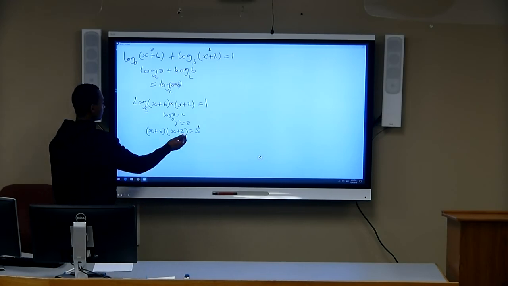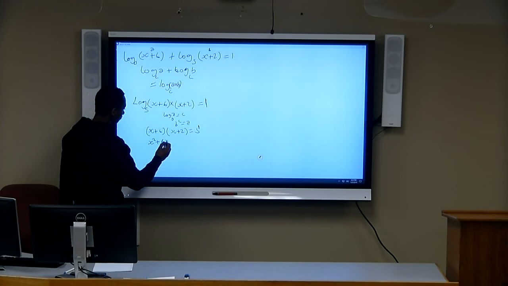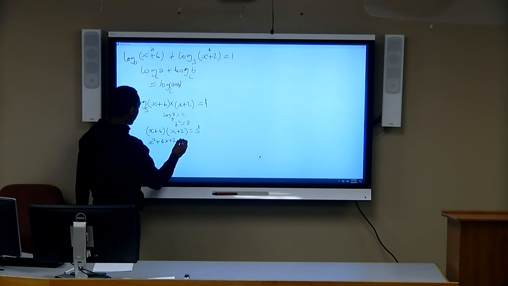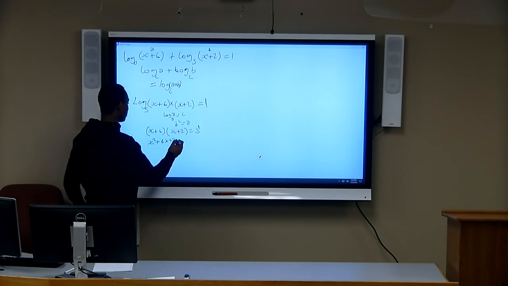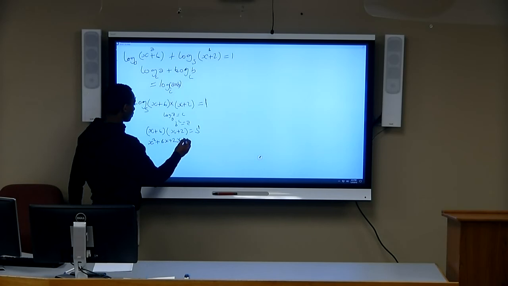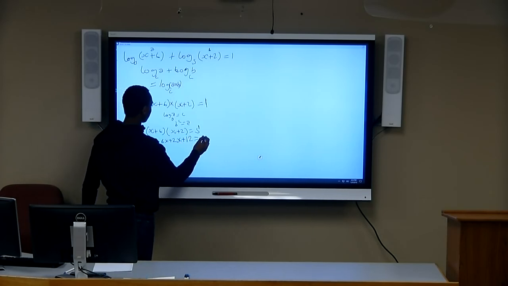If we multiply this out, we get x squared plus 6x plus 2x. 6 times x is 6x, x times 2 is 2x, and 6 times 2 is 12, plus 12 is equal to 5.